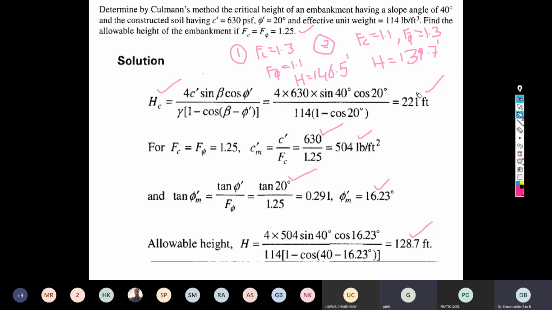So when you are increasing the factor of safety against the cohesion, your height is increasing, but when you are increasing the factor of safety against the friction, your height is decreasing. Can anybody understand and give me some kind of inference? What does that mean?